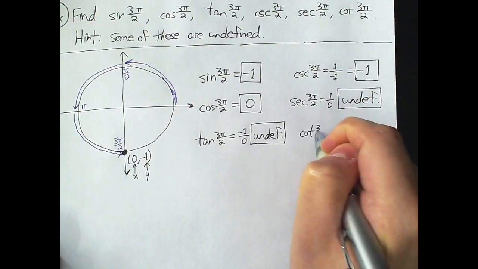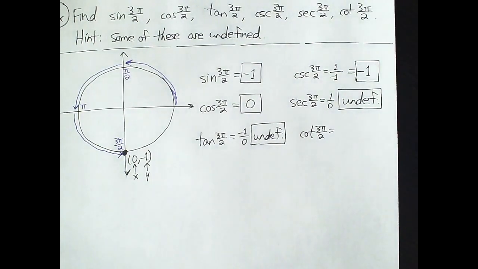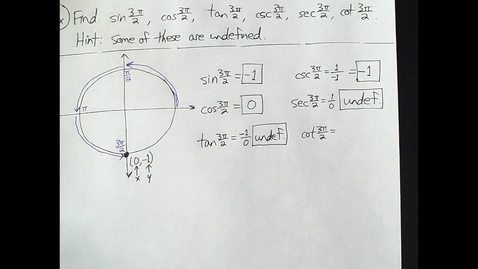Cotangent of 3 pi over 2. Hold on a second. Let's think about this. We said tangent was undefined. Does this mean that cotangent is also going to be undefined, because it's 1 over undefined?